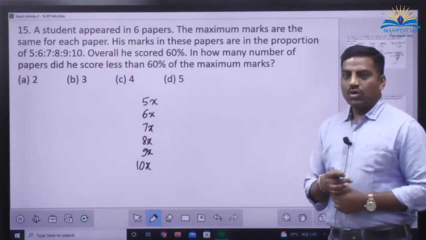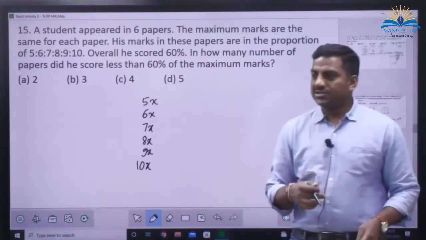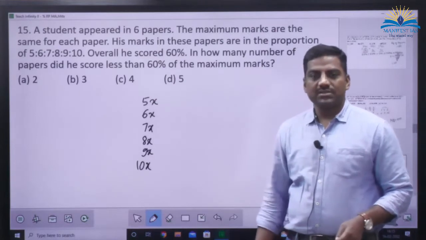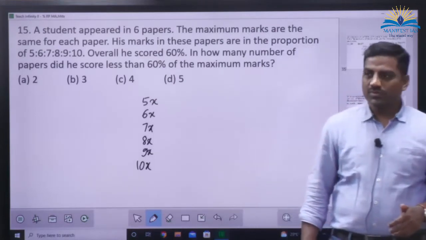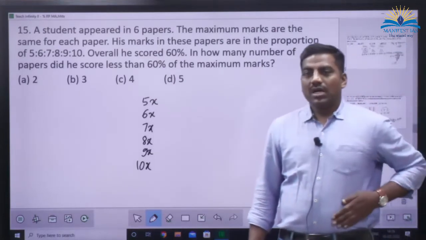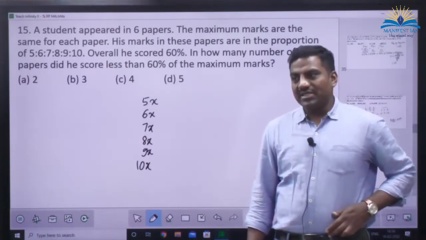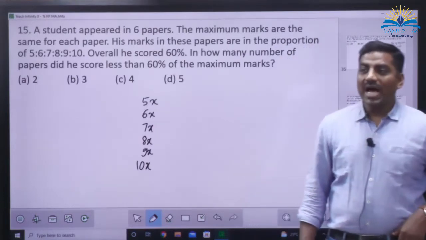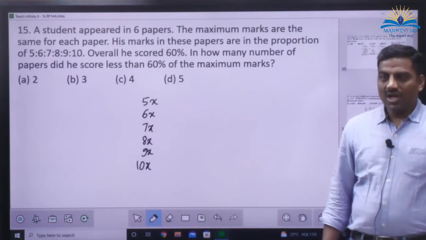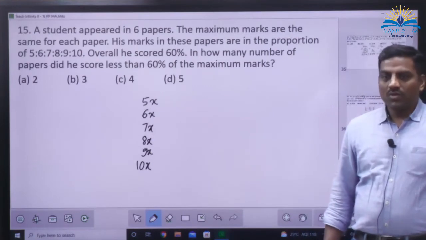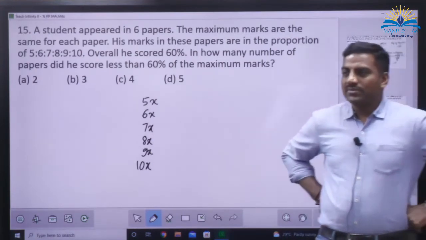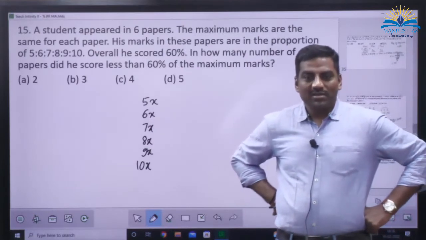See, when you got your PUC results, how many subjects? 6 subjects. Whether I ask the percentage or I ask the average of all the subjects, the result would be the same, right?